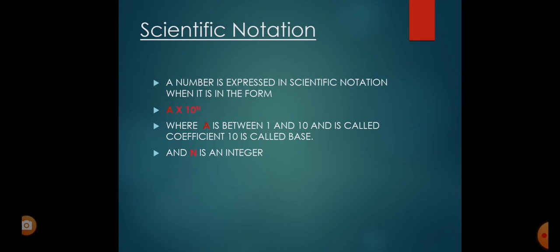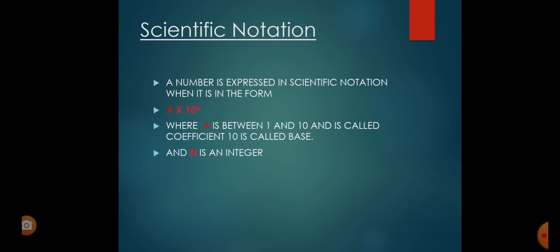Now we will discuss what scientific notation is. When a number is expressed in powers of 10, or in the form of a into 10 raised to power n, the question arises: what is a called and what is n?